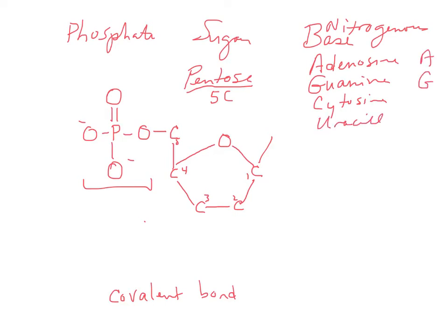A, G, C, and U. And this is specific for RNA. So we're just going to draw a box up here for now, and you can just put in any one of the nitrogenous bases. Let's put an A in there.